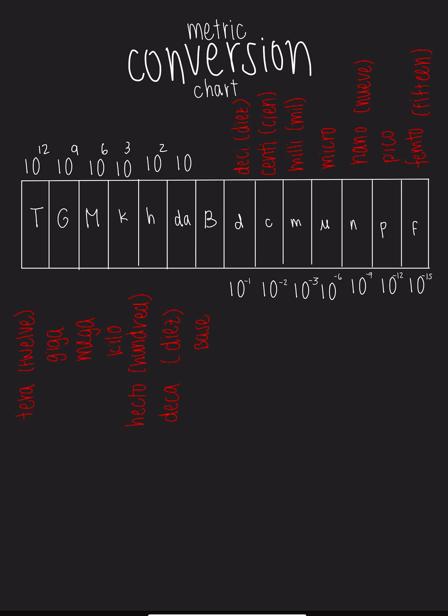So you have to know that in physics, and you have to know that in chemistry. I think they even have it in anatomy, where they'll say, oh, this is like a nanometer. So you need to know what it means, is what I'm trying to say, and you need to know how to convert from one form to another.